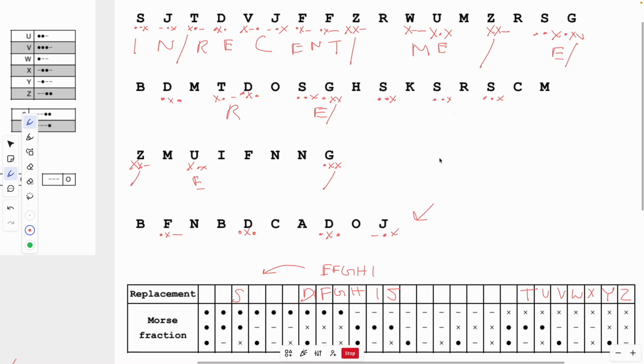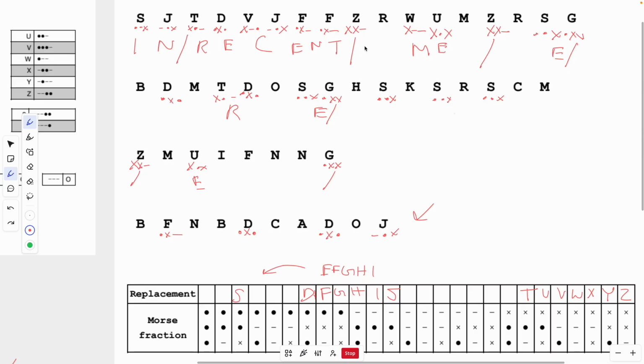Continuing with the top part, we have "in recent." There's not many things that you can put after this. Like "in recent what?" It has to be something like "in recent times." If I was doing this during the test, I would try putting that first.